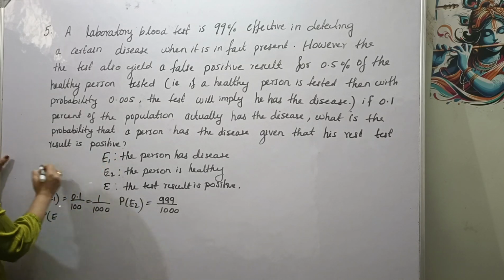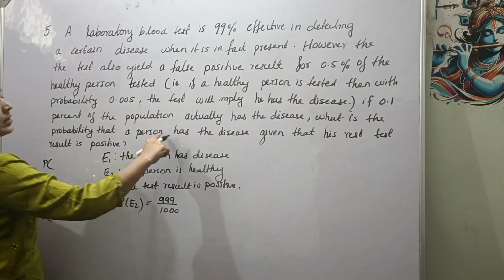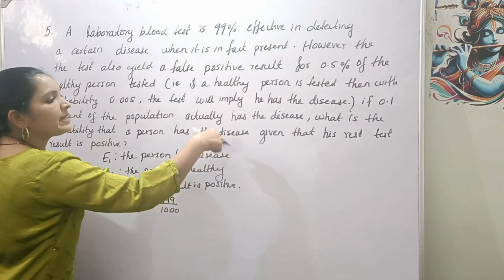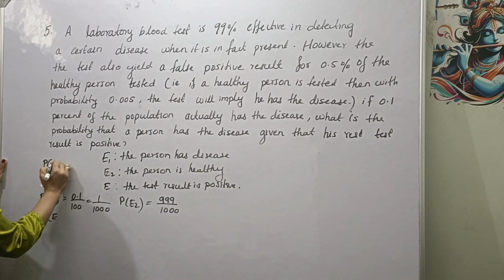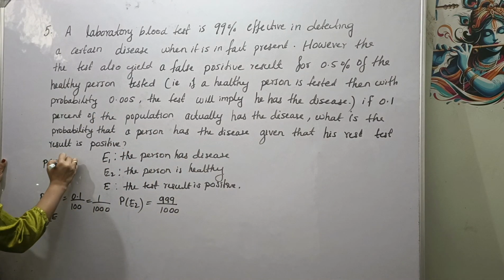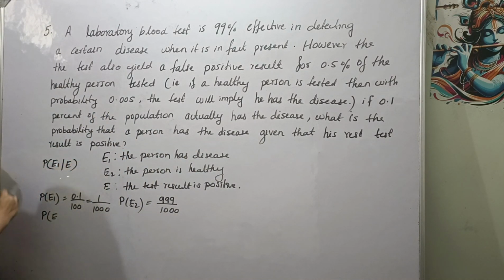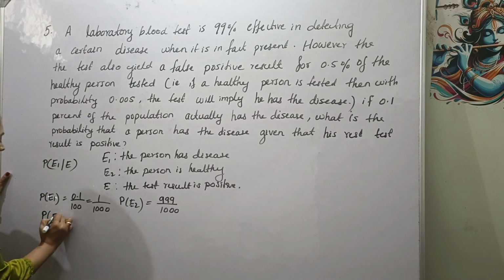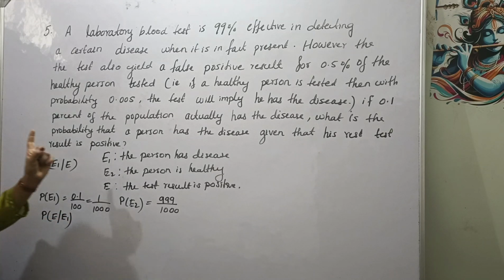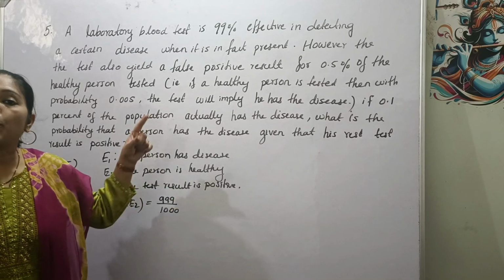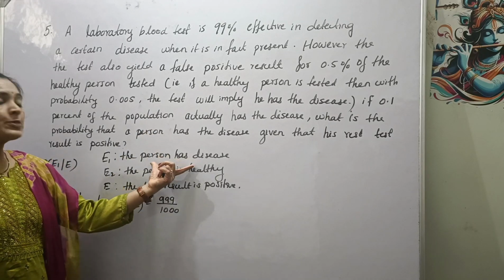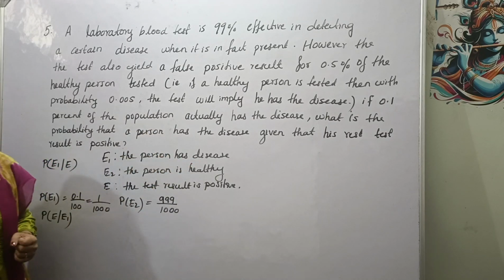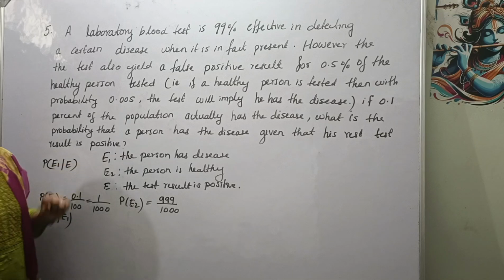What we have to find is the probability that a person has the disease given that the test result is positive, that is, the probability of E1 given E. Here we will apply Bayes theorem. For that we have to find the probability of E given E1, that is, the probability that the test result is positive given that the person has the disease.